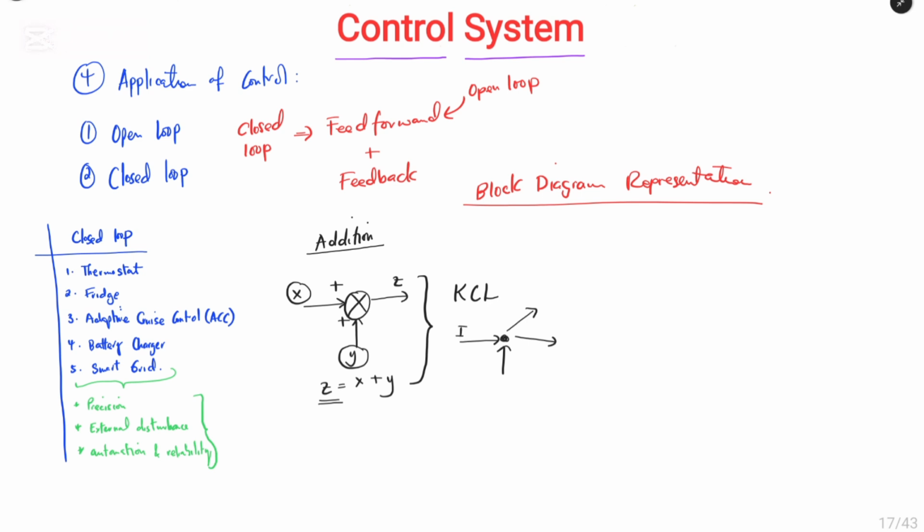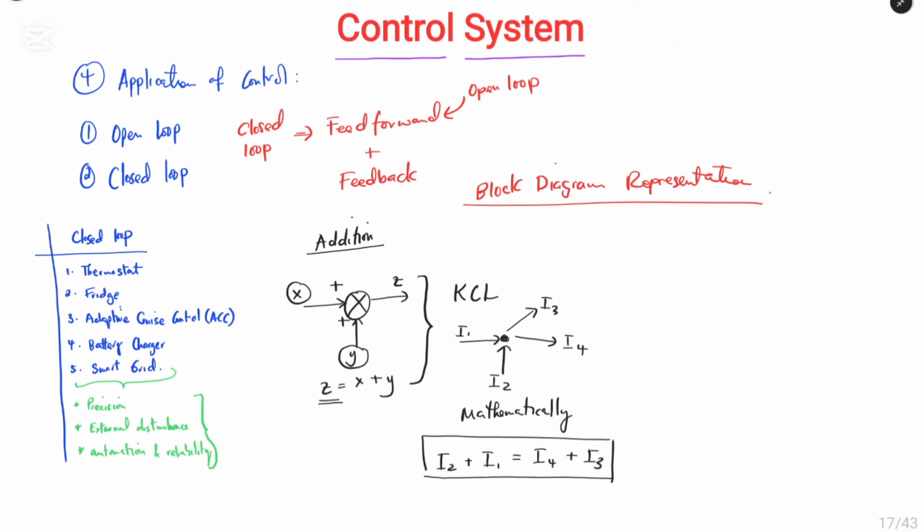If we have I1, I2, and I3, I4, it can be represented mathematically as I2 plus I1 is equals to I4 plus I3. This is the KCL for an electrical circuit.